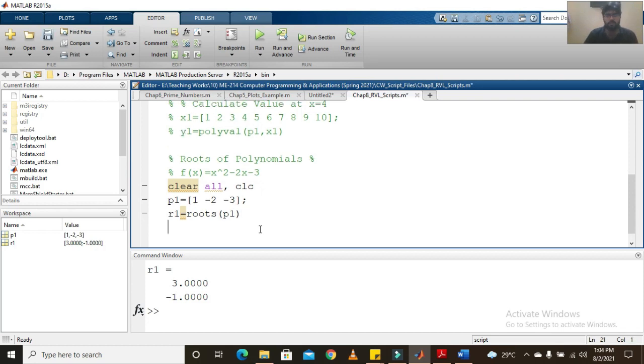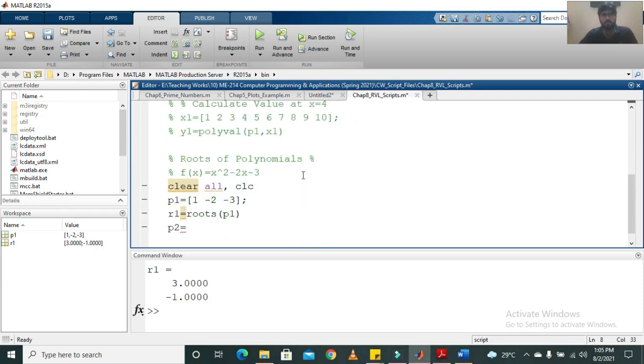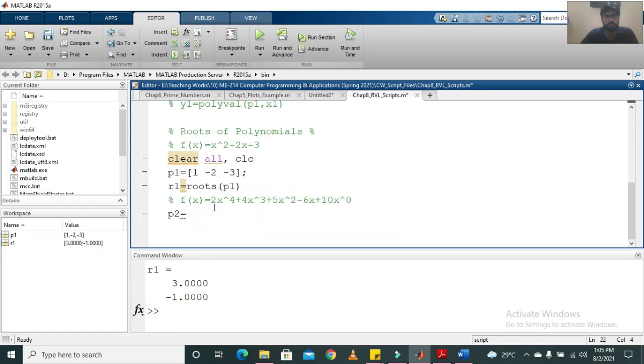Let's do another example. I'm using the x to the power 4 function, and let's say I define the polynomial 2, 4, 5, -6 and 10. Then I will save its value in r2. We will use the roots function, and I will mention p2 here.